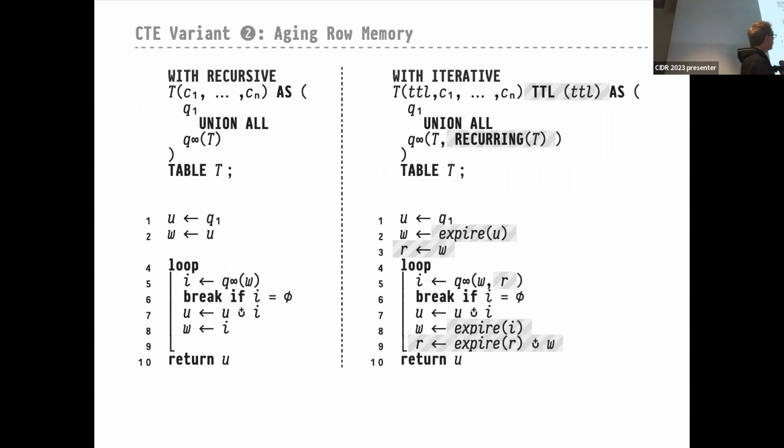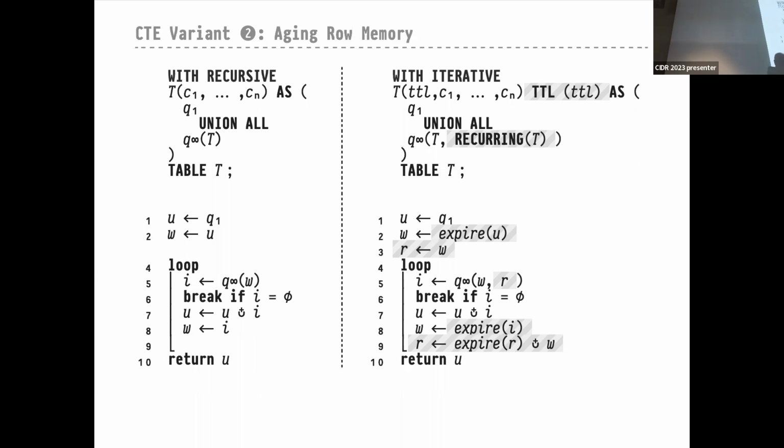Okay. There's a second variant of iterative CTE that we are proposing. This again is the old recursive SQL CTE. This would be the new style in which we have aging row memory. And I would like to draw your attention to this particular new table R, which contains rows that you have just produced. This is the stuff that you've just produced, and stuff that you remember, but it slowly expires.